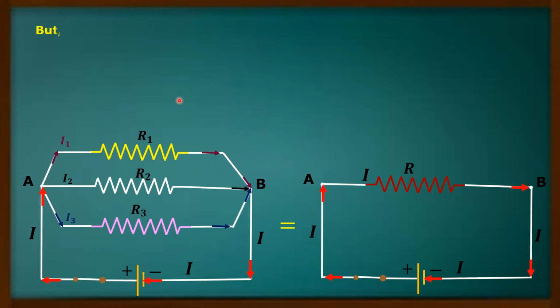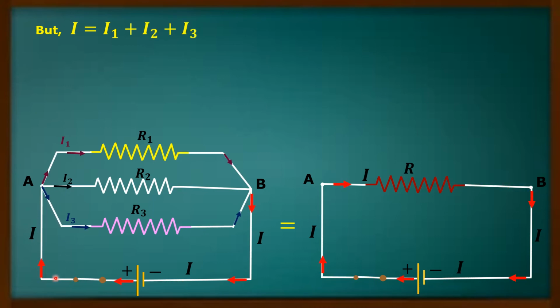Here I is equal to I1 plus I2 plus I3. Why? Because the total current of the circuit drawn from the source is getting divided into three parts, I1, I2 and I3, and they are joining at point B. So I is equal to I1 plus I2 plus I3.